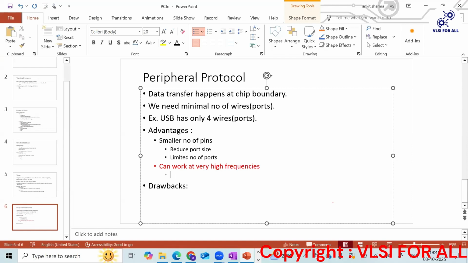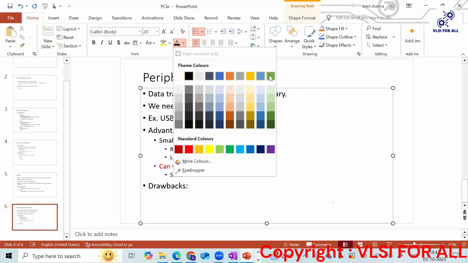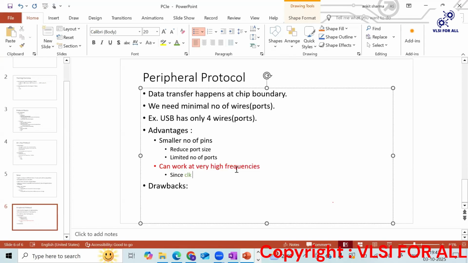There is no dedicated pin for the clock. Then how are we transferring it? Since the clock is embedded into the data pattern.